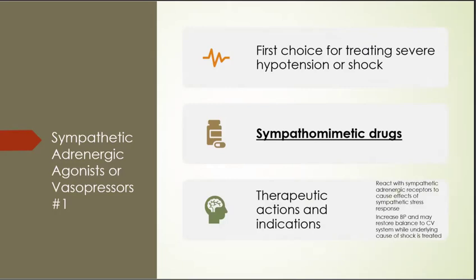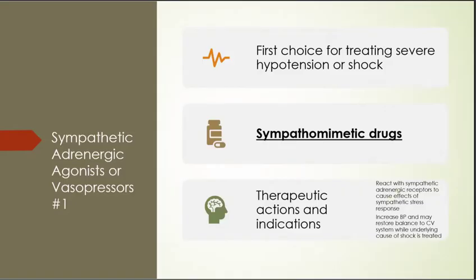So, like I said before, if you hear the word adrenergic, think of sympathetic, such as alpha and beta receptors throughout the cardiovascular system. When these receptors are stimulated, blood vessels constrict, heart function may improve, and blood pressure increases. This helps restore blood flow to vital organs such as the brain, heart, and kidneys.